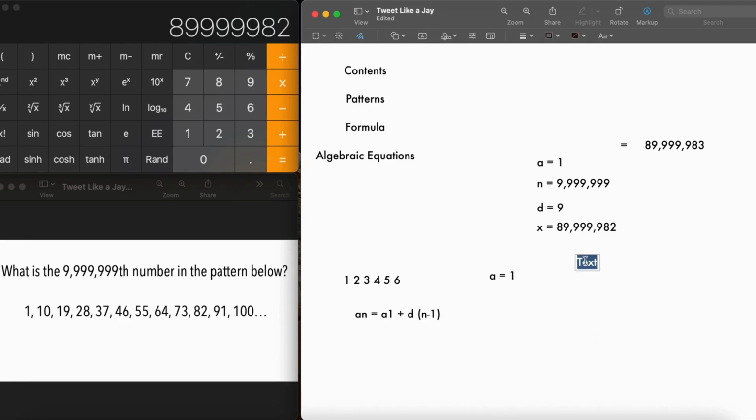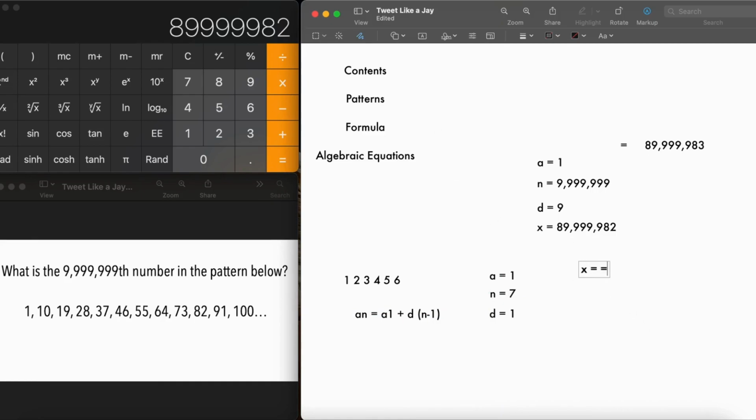And then D equals 1 again, because it's plus 1 every time. And then N, it's asking for the 7th term, so N equals 7. Okay, and we're not forming an AN here. And then we have to solve for X to get the answer.